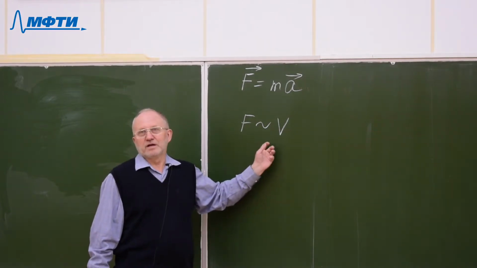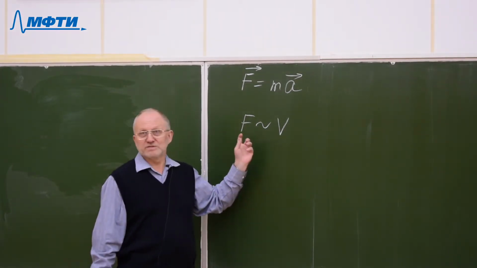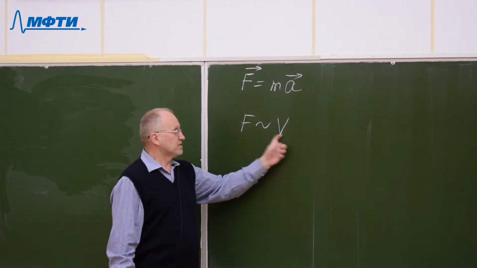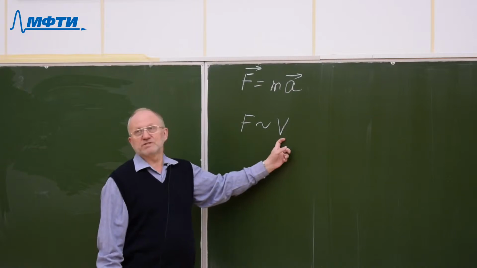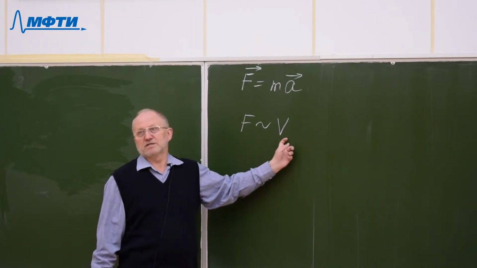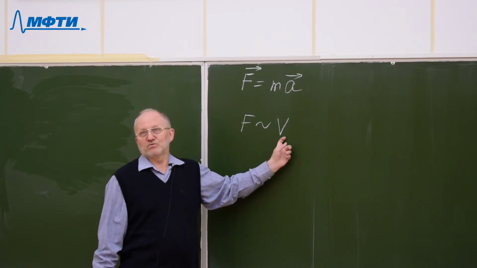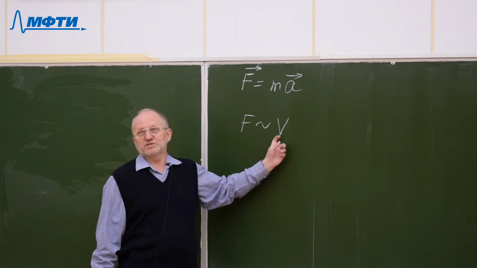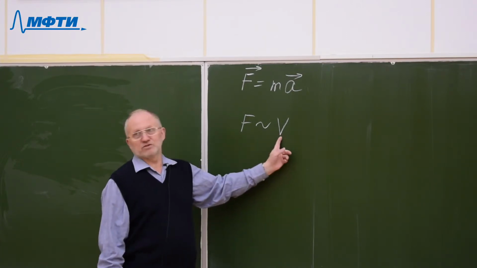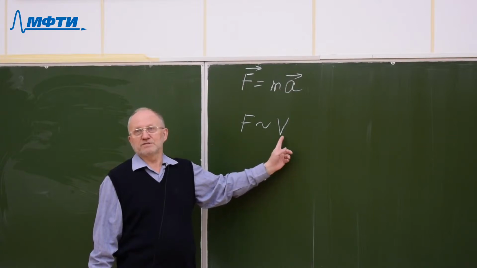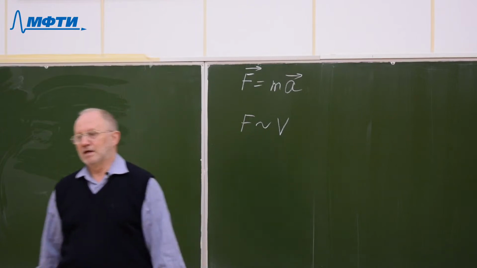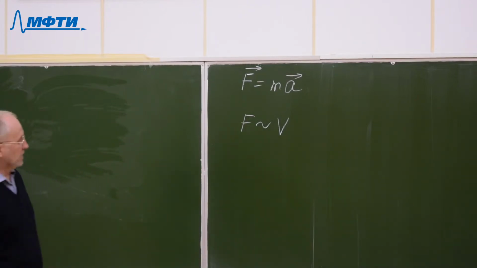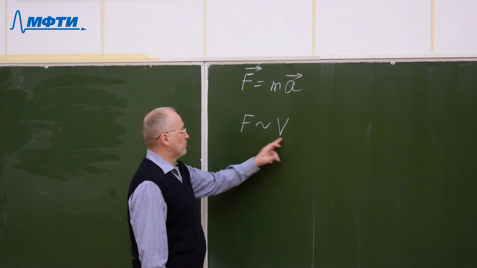But Newton was the first to understand that the force is proportional to velocity only because there are forces of friction, forces of resistance, which depend on velocity. The larger the velocity, the greater is the resistance of the surrounding medium. So in this case, yes, the force applied to a body will be proportional to its velocity.